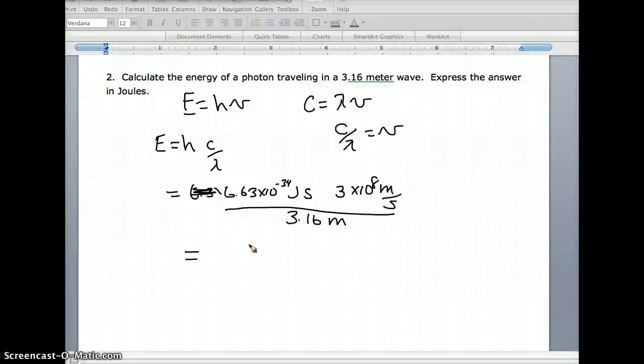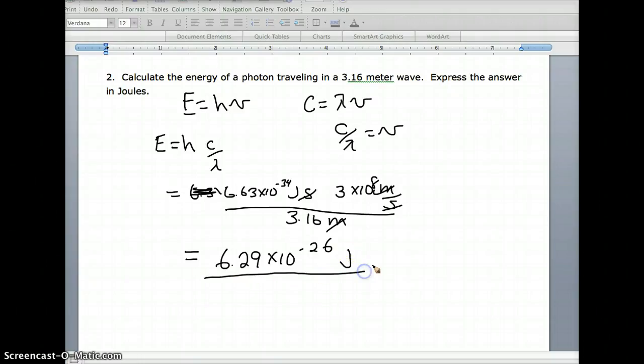Divide that by 3.16, and my final answer is 6.29 times 10 to the negative 26th. In terms of units, we notice that seconds cancels, meters cancel, and your unit that's left is just joules, which is the unit of energy. And that's all of problem 2.